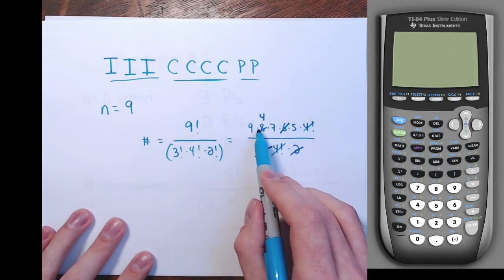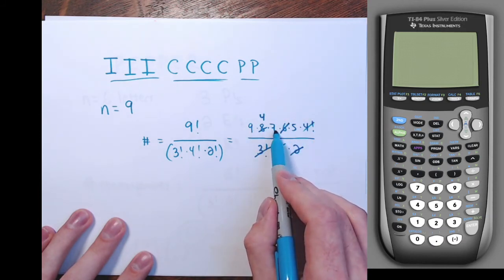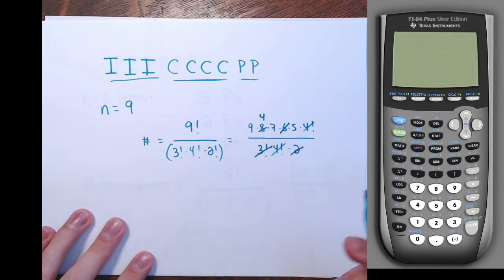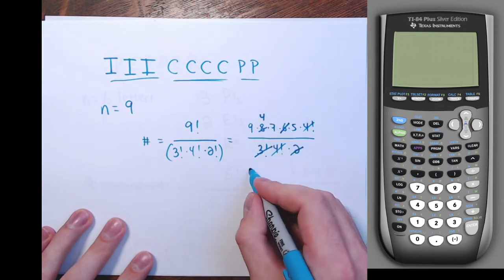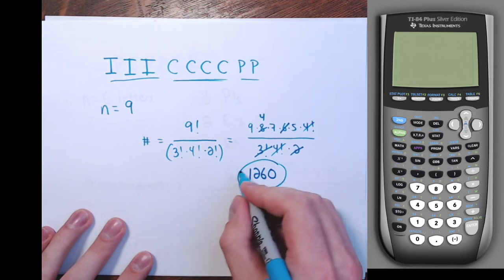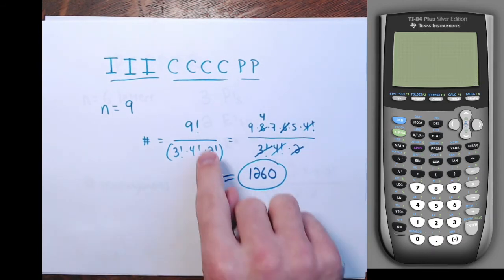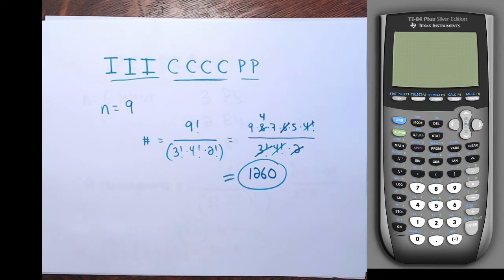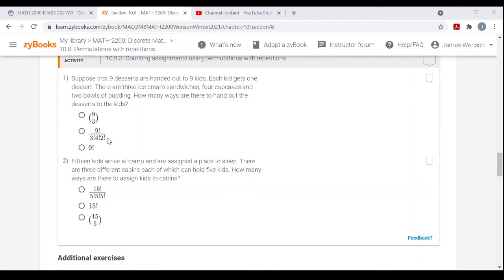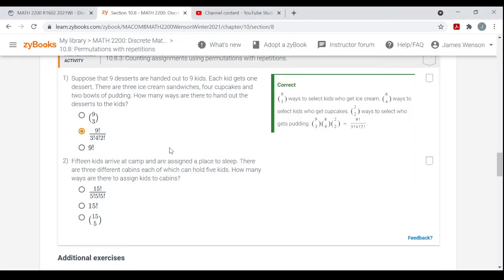So 9 times 7 is 63. 63 times 20 would be 1,260. So there'd be 1,260 ways, or you can enter this in a calculator. They just want this, but that'd be 1,260 ways.